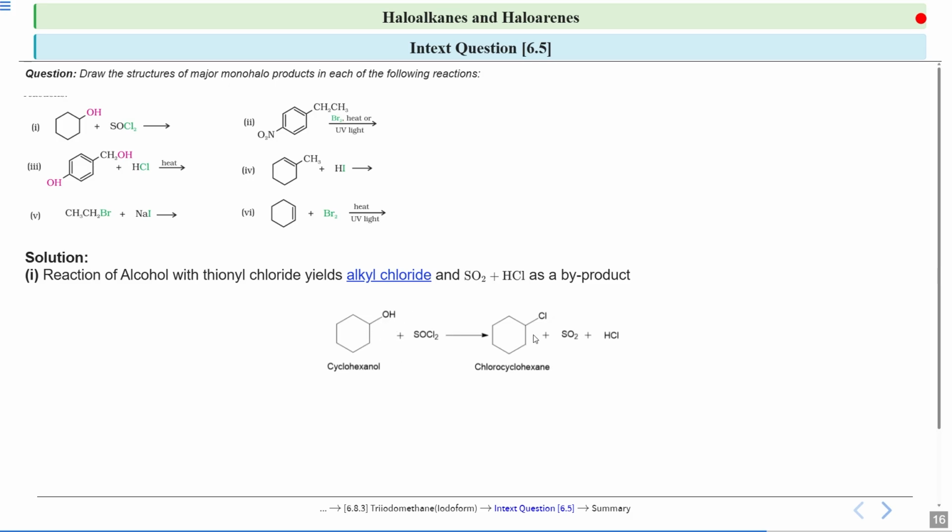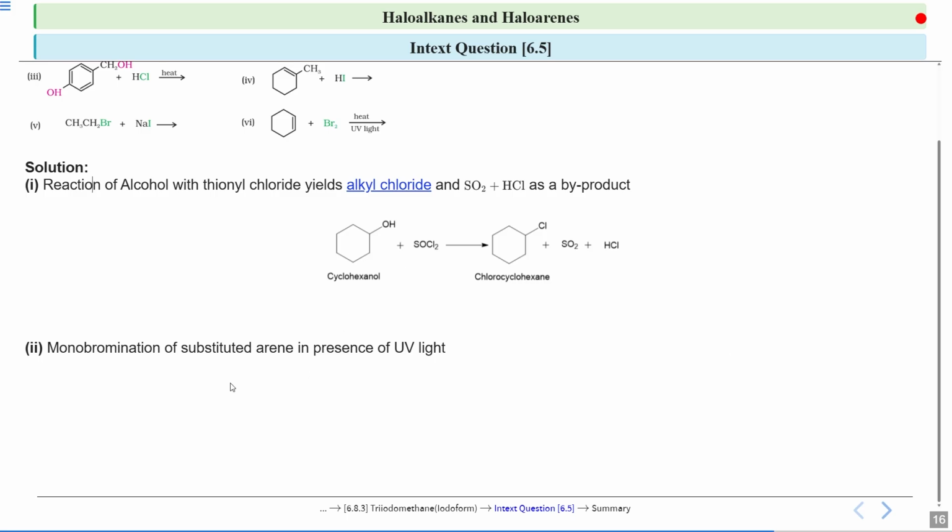After that we will get our final product as chlorocyclohexane, and SO2 will be removed, plus the HCl that has formed in the very first and second step. So HCl and SO2 will be your byproducts, and your major product will be the alkyl chloride, that is chlorocyclohexane, which is a monohalo product. Right?